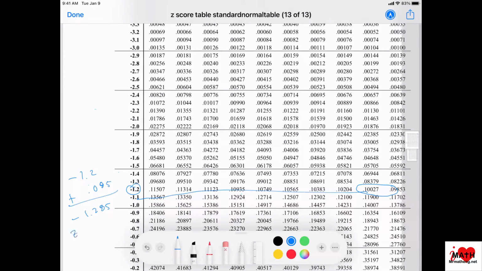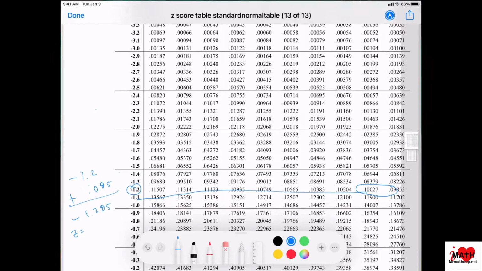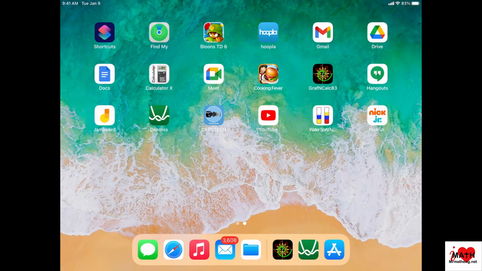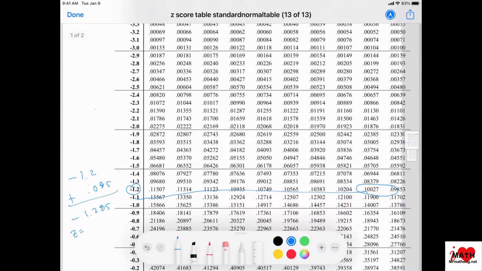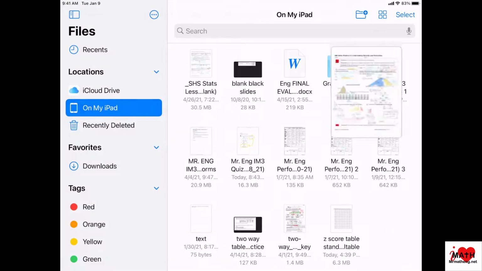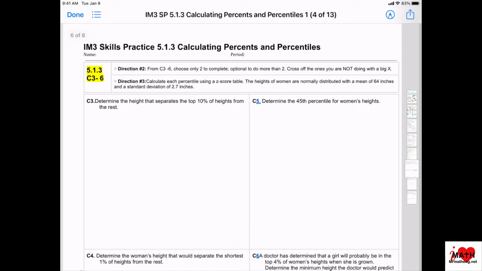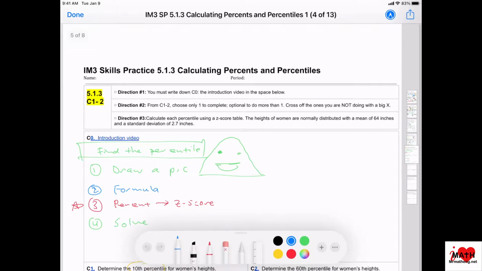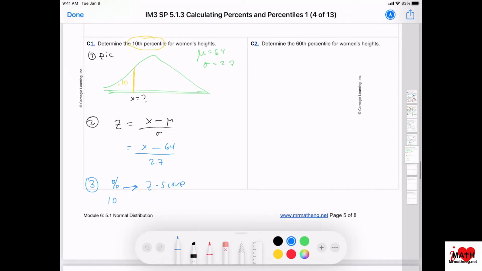So this is our z-score, negative 1.285. Again, I'm going backwards. I'm finding the percent, and now I'm finding the z-score. Press done, go here, and I'm going here. Okay, so 10% is basically negative 1.285.